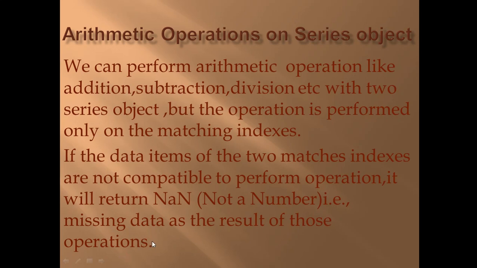Means if we perform arithmetic operations on two series objects and the indexes are not matching in both series, then the operation is not compatible, and it will not display that it is a wrong operation, but it will return NaN, the not-a-number value, or you can say missing data.